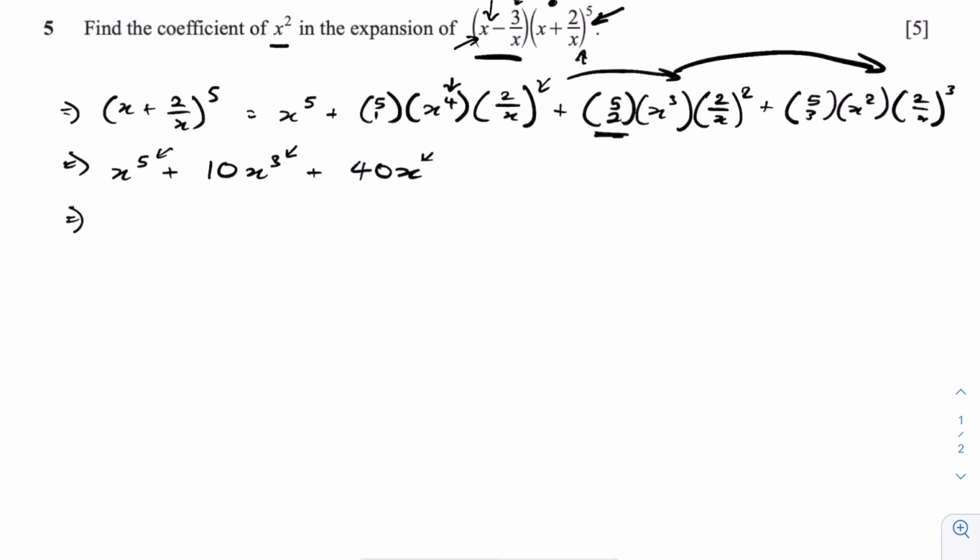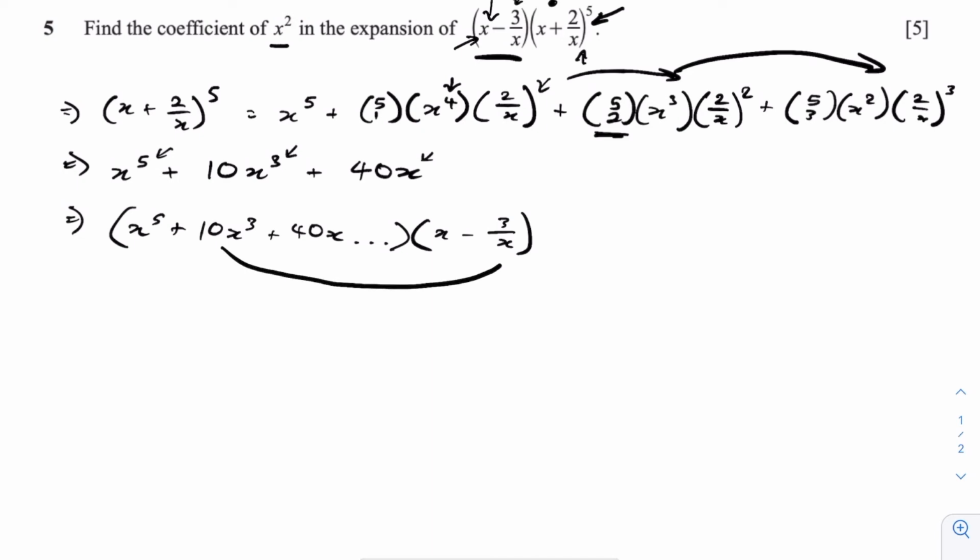So now let's write it out like we did last time. x to the power of 5 plus 10x cubed plus 40x dot dot dot, because there are still more terms, times x minus 3 over x. Now we need to identify the combinations that will get us the coefficient of x squared. So x to the power of 5 will not do anything. 10x cubed, when multiplied with this term, will give us something.